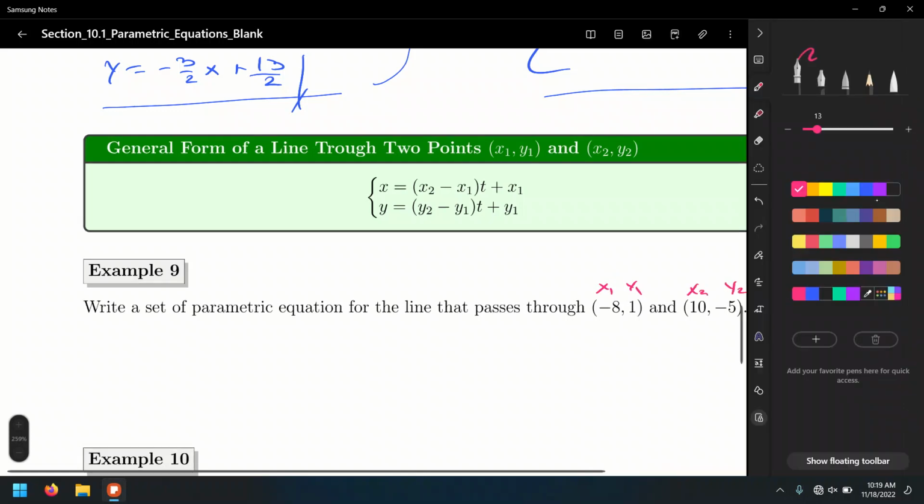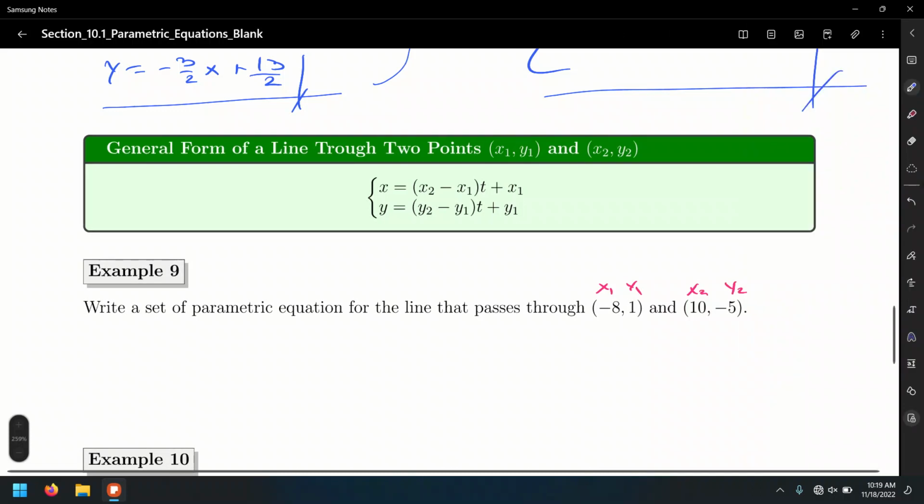All you have to do in this case is x equals x2 minus x1, times t, plus x1, and y equals y2 minus y1, times t, plus y1, and just plug in the values.